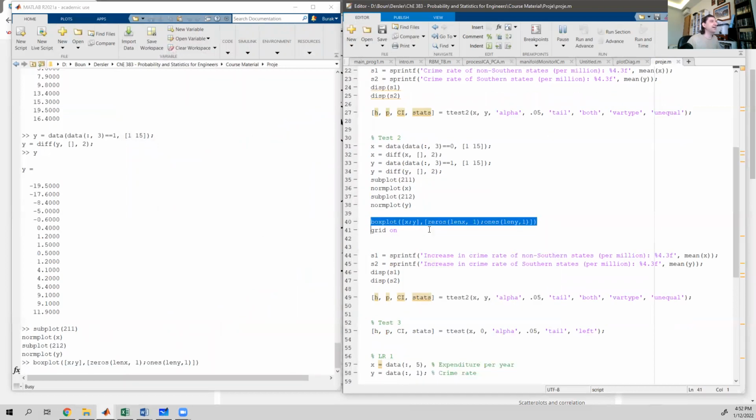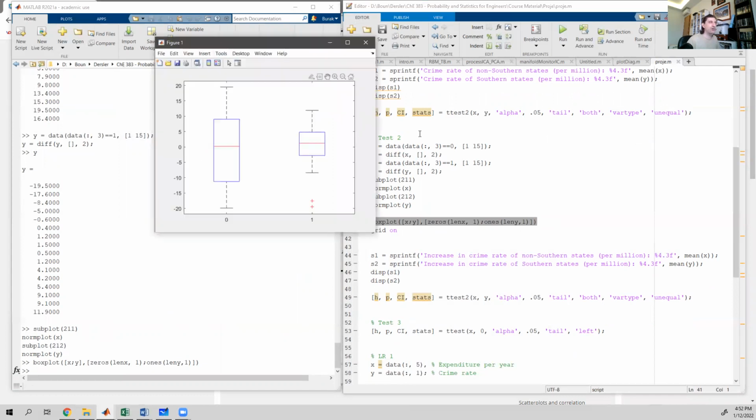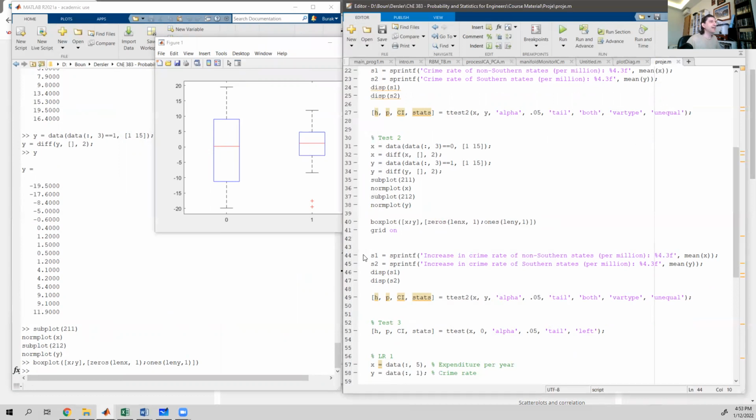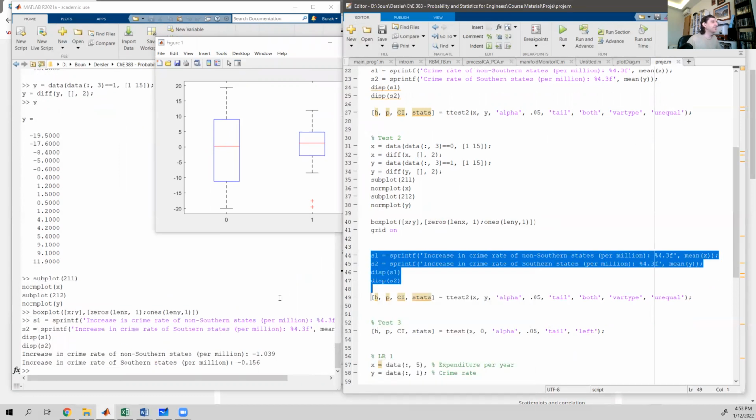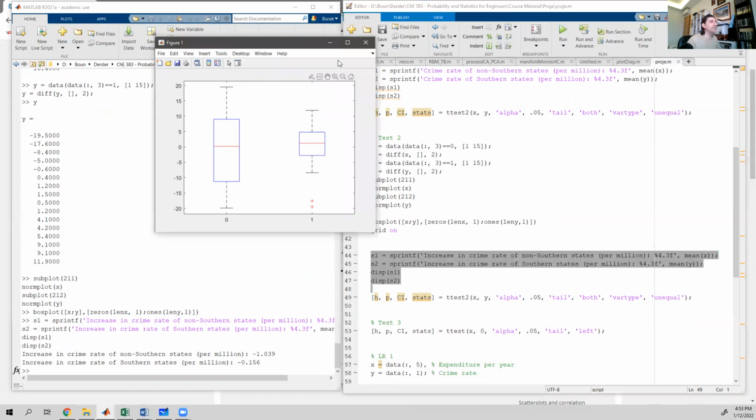So what I do is again draw a box plot. Note that this time the box plot is around 0, right? We have these positive values and we have these negative values here. So basically I compare these two. So again, I may write this. The change in crime rates of non-Saturn states is minus 1.03.